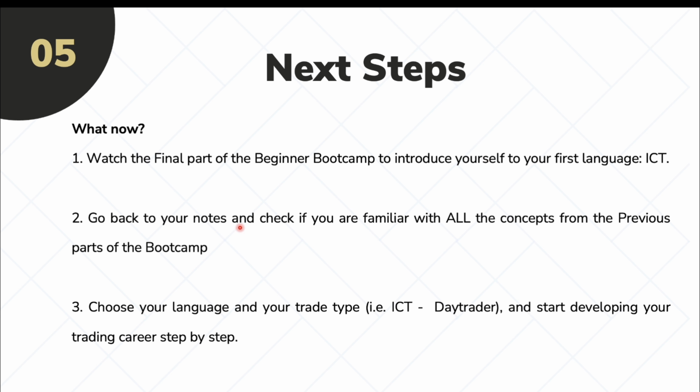Then go back to your notes and check if you are familiar with all the concepts from the previous parts of the bootcamp. If not, just go watch it again, take notes, and most importantly, implement the knowledge. Don't use it as Netflix, focus on actually implementing the knowledge. And then choose your language and your trade type. So for example, an ICT language, day trader, time frame type, and start developing your trading career step by step.